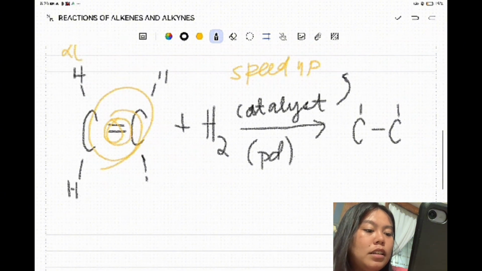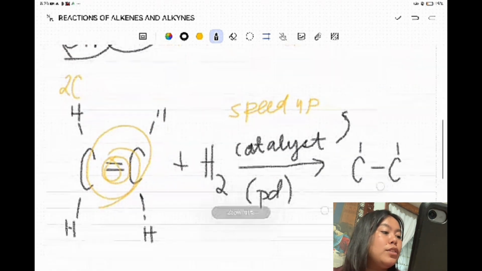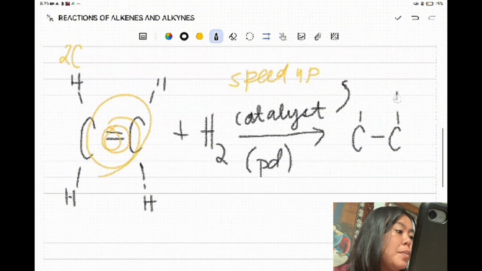Here, each carbon of ethene has 2 hydrogens, since it is a double bond. So let's copy the 4 hydrogens.